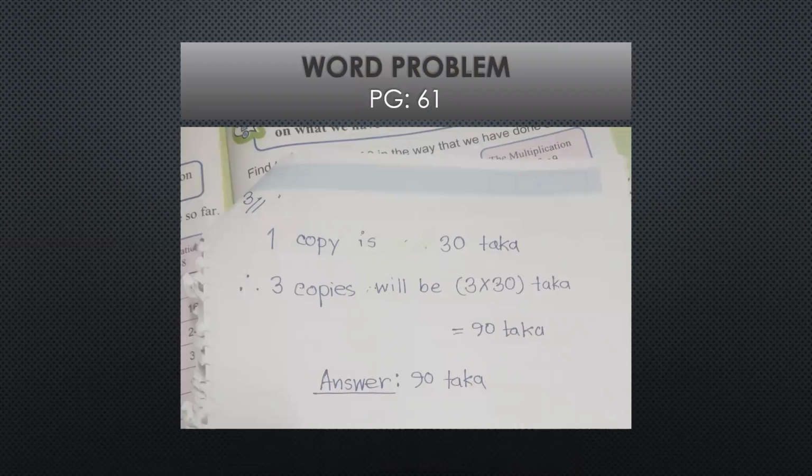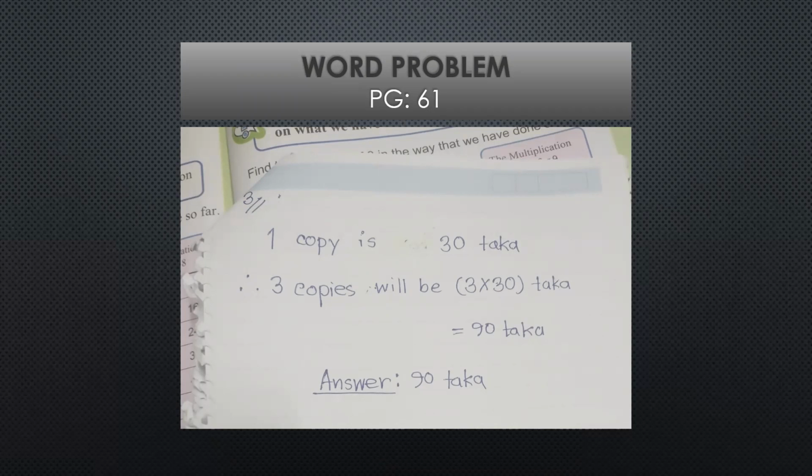Next, Rohim wants to buy 3 copies of a book, a fairy tale, whose price is 30 taka each. So one book costs 30 taka. How many taka will he pay? Okay, one book costs 30 taka and he bought 3 copies. So how much taka will he pay?